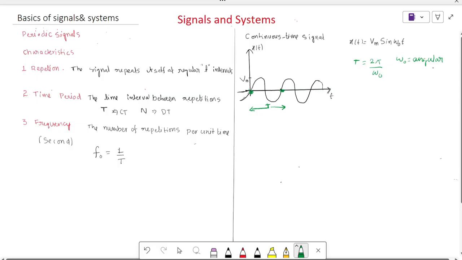Here also we can write the fundamental frequency omega naught equal to 2 pi by capital T.